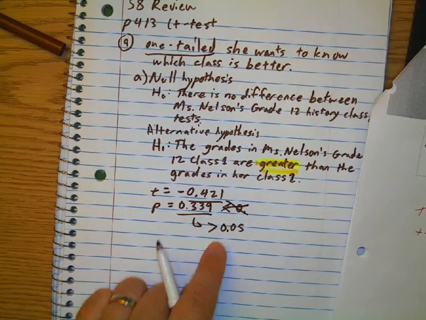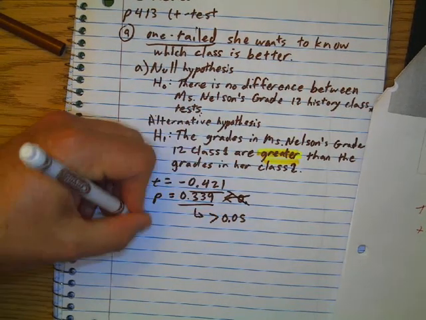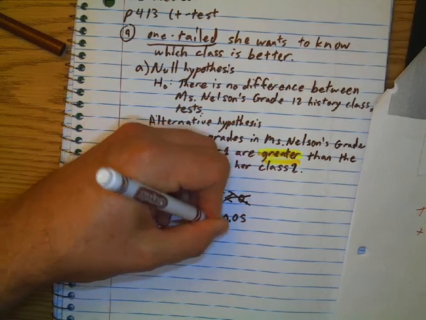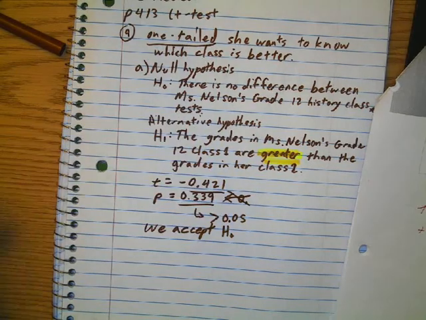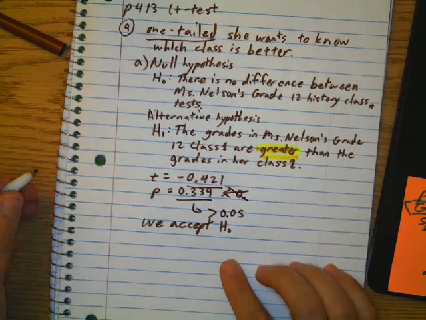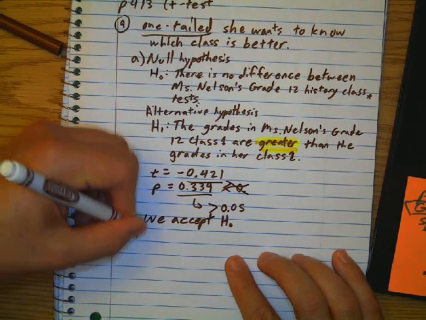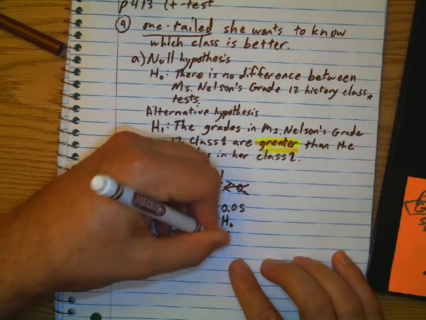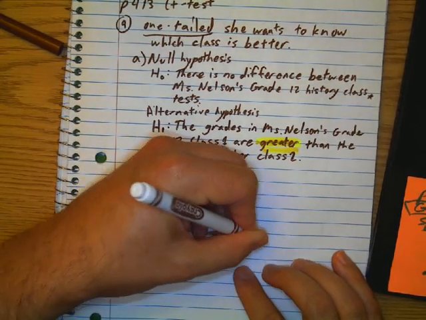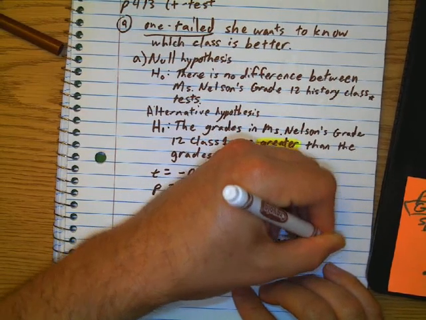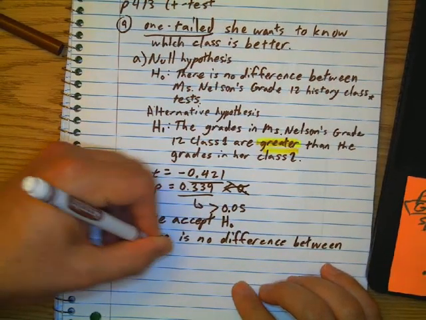So since it's greater than, we accept the null hypothesis, and since we accept the null hypothesis, that means there is no difference between the two classes.